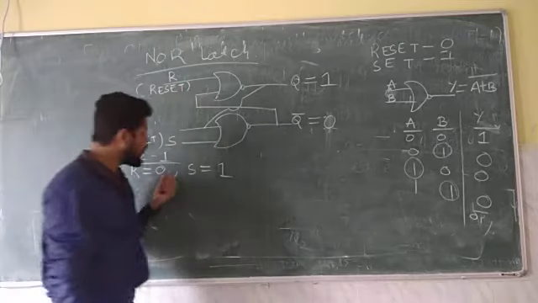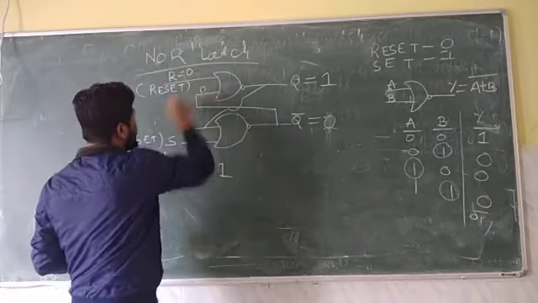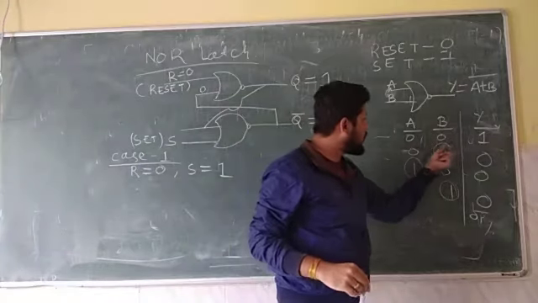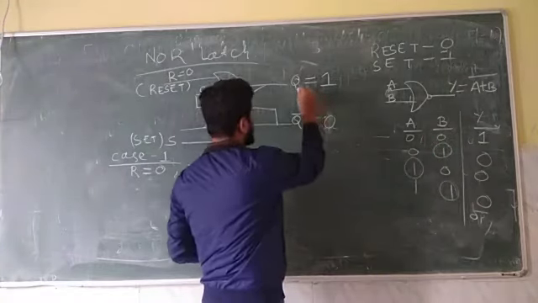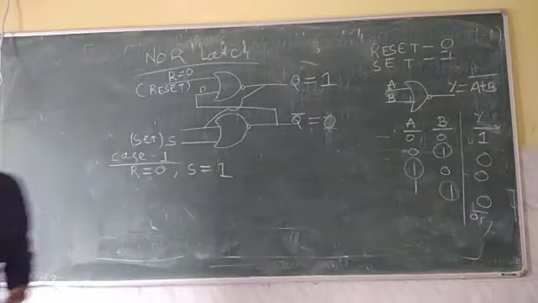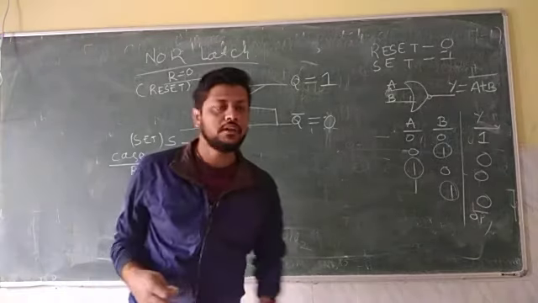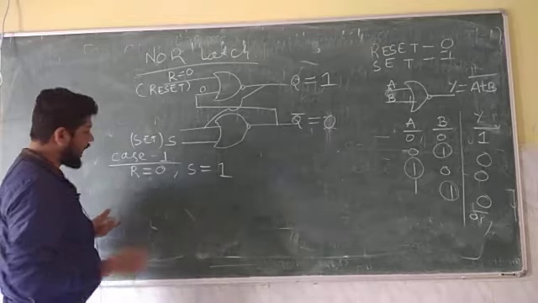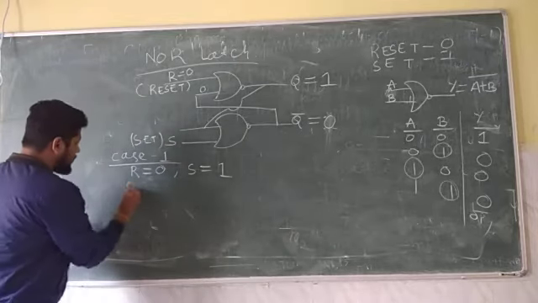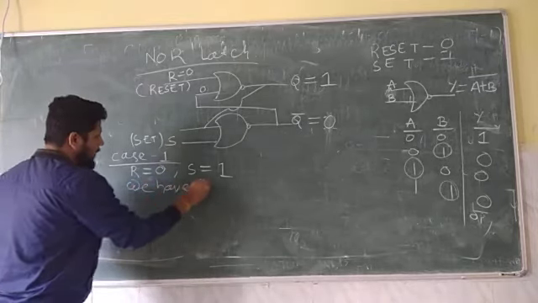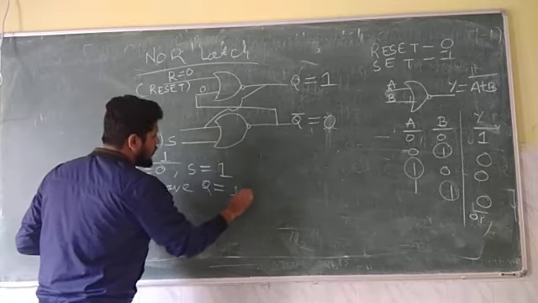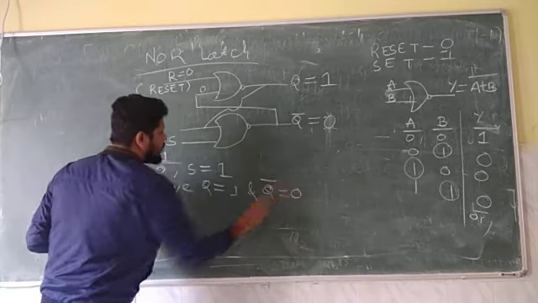When both inputs are 0, the output is 1, so Q is equal to 1. So for R equal to 0 and S equal to 1, we have Q equal to 1 and Q bar equal to 0.